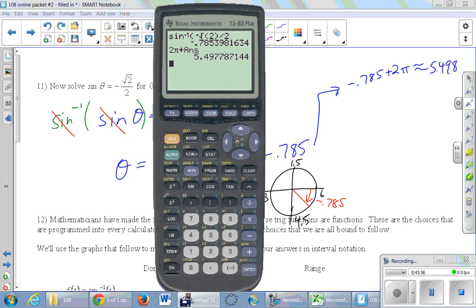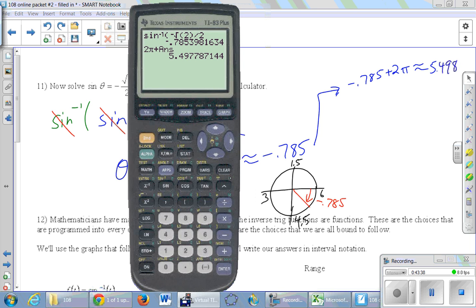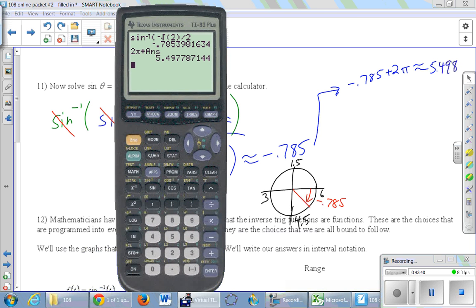And then we need the other answer, and we play the same little game that we played before. We knew that we were looking for a special sine value, that is a special y value. The other point that has the same y value is here. So by symmetry, this has got to be a 0.785 in here. And then the true angle that we want must be this one, which is pi plus 0.785.